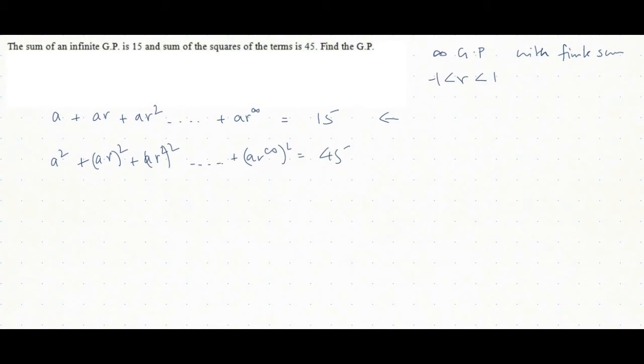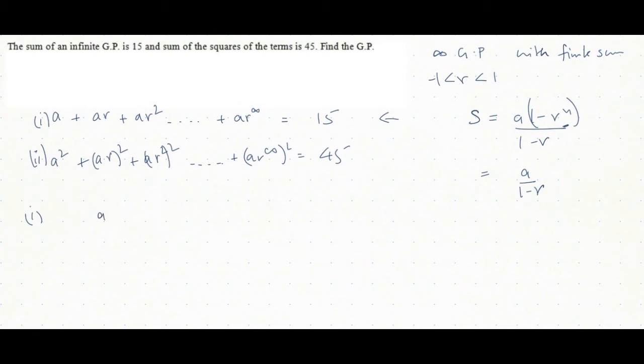If r is between minus 1 and 1, what was the sum formula? 1 minus r power n into a by 1 minus r. Since r power n simplifies to 0, we are just left with a by 1 minus r. So this is what the sum becomes. I'll mark this as the first equation: a by 1 minus r is 15.